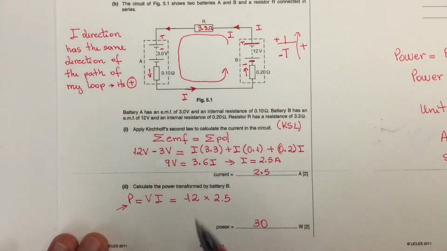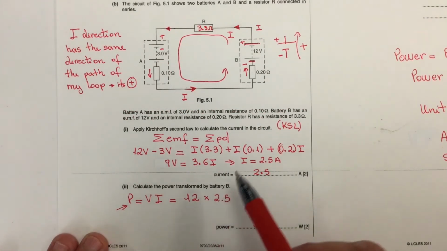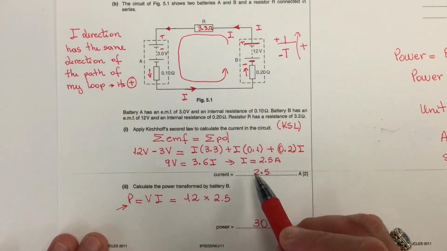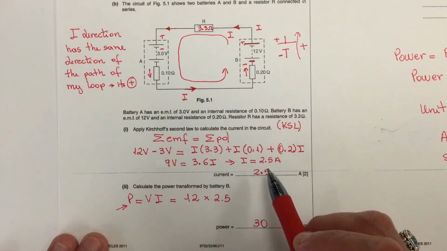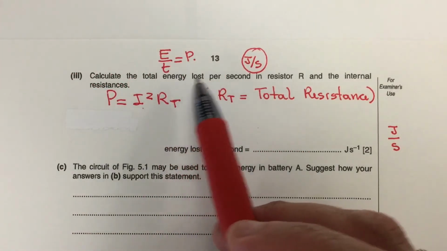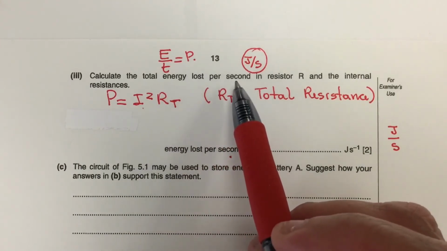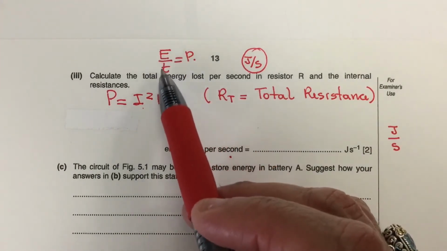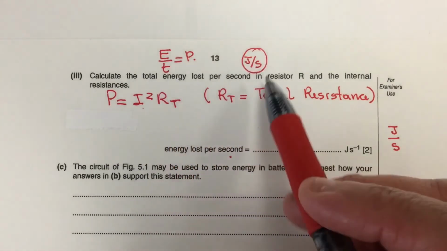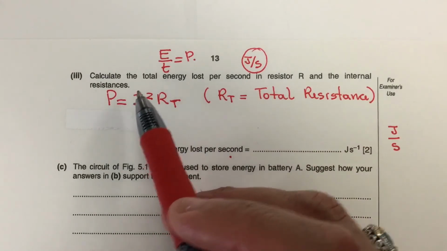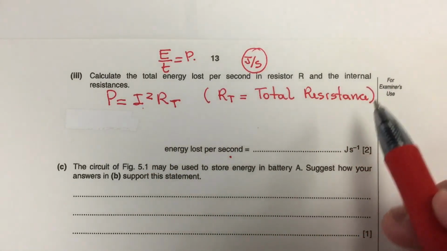Following the sequence of this problem, we calculated the current, and we are going to use this current in our next question. This question is asking for the energy lost per second, but this is power, energy lost per second in the resistor R and the internal resistances of each battery.